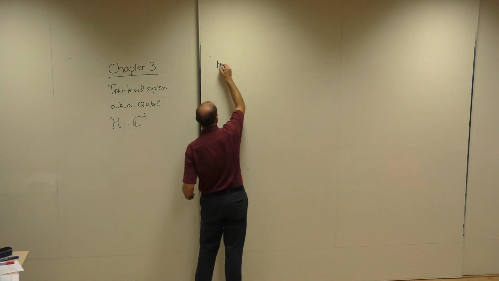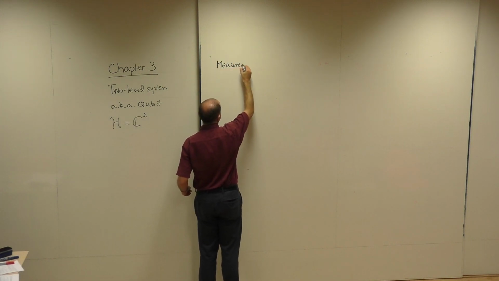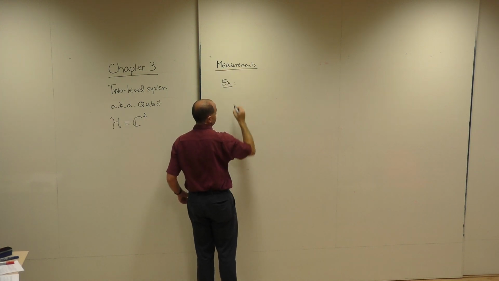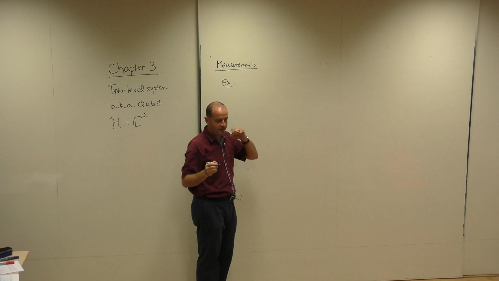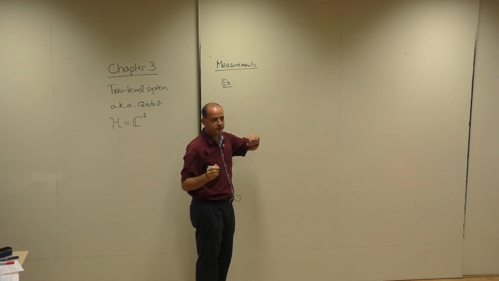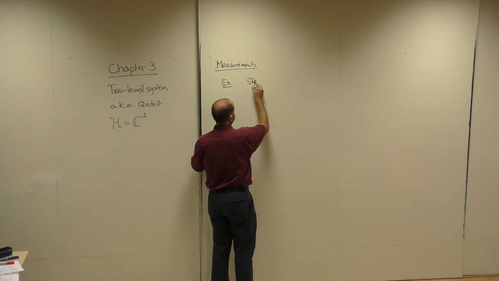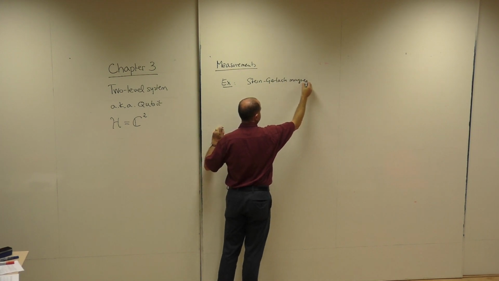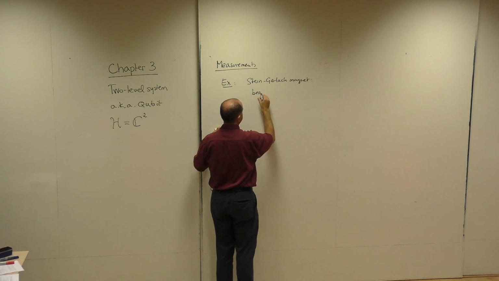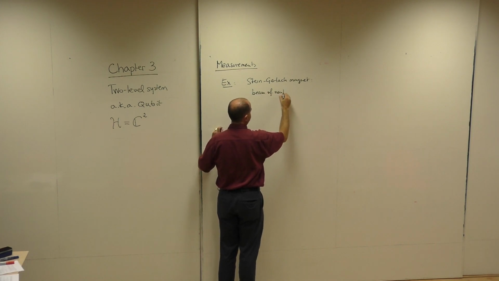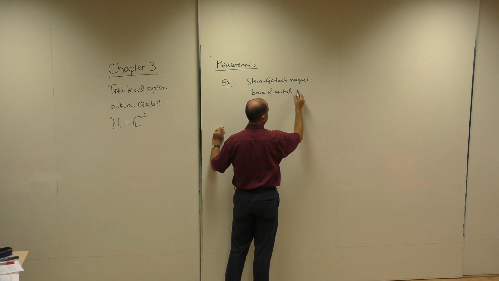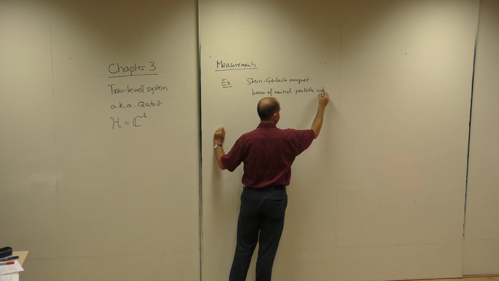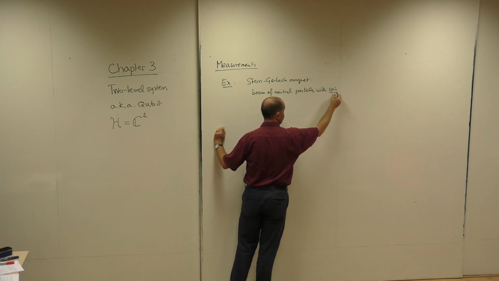Measurements. First of all, physical examples. Usually, if you have a beam of neutral particles with spin, polarized in spin, you have the Stern-Gerlach magnet. Really spin in the sense of magnetic moment.